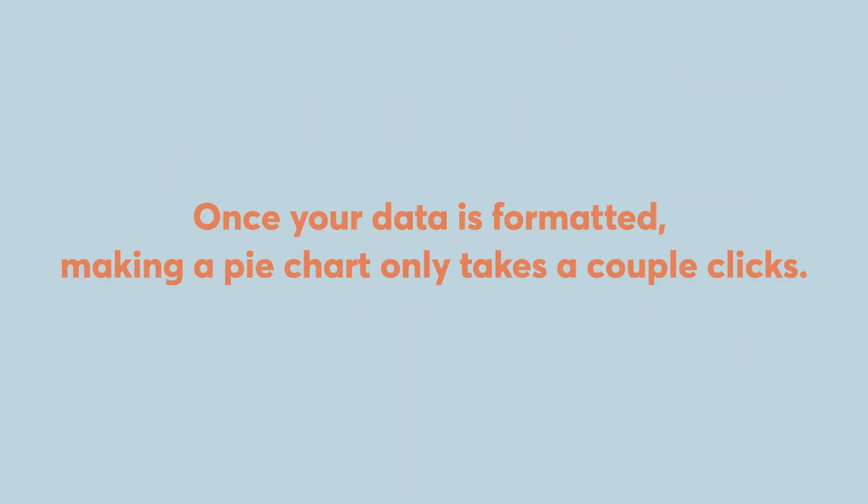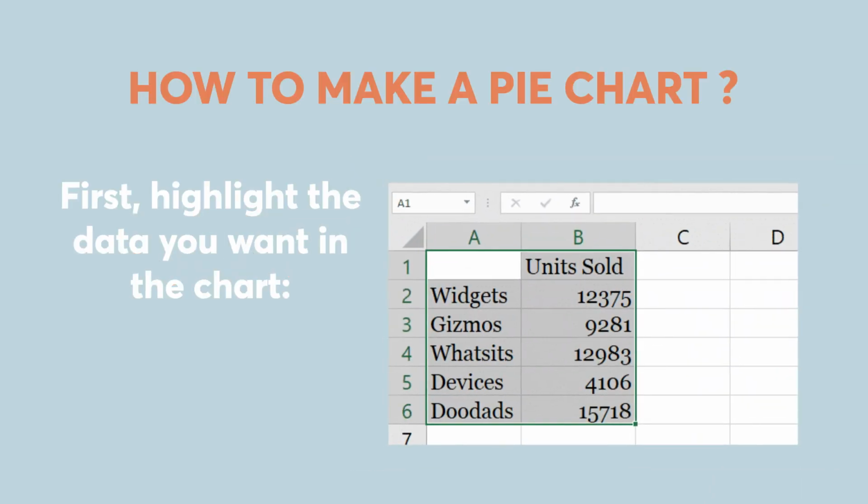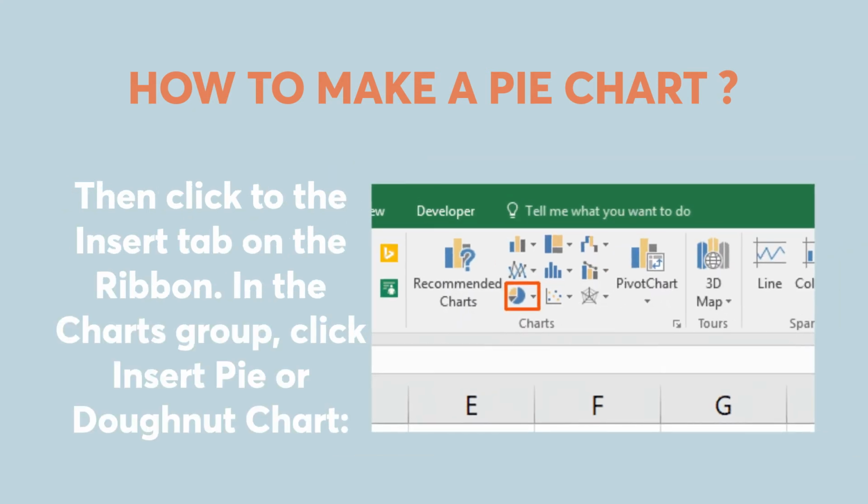Once your data is formatted, making a pie chart only takes a couple of clicks. First, highlight the data you want in the chart. Then, click on the Insert tab on the ribbon. In the chart group, click Insert Pie or Donut Chart.